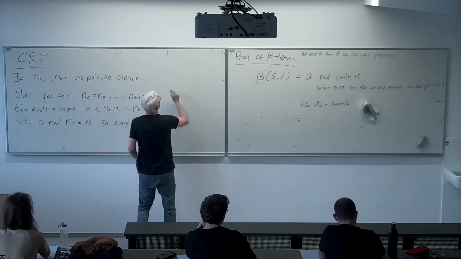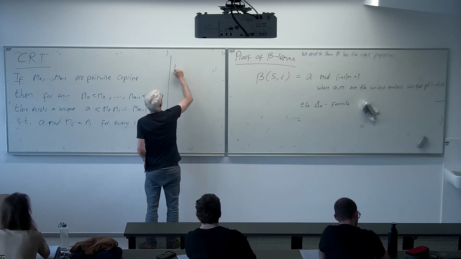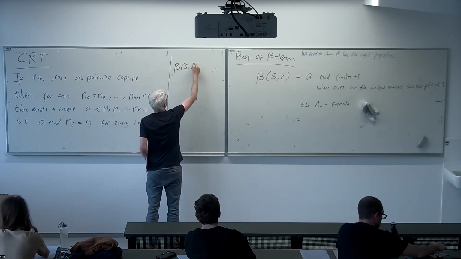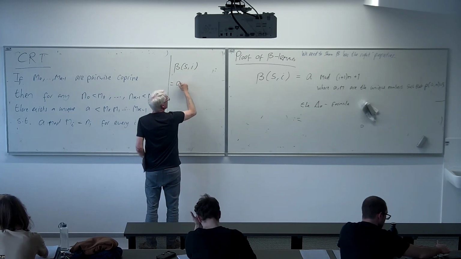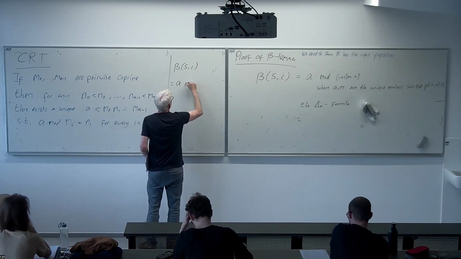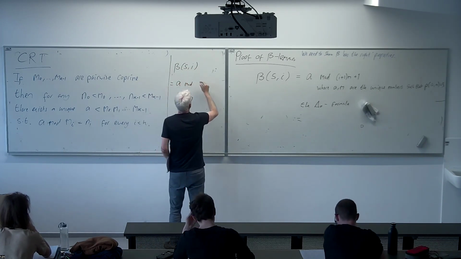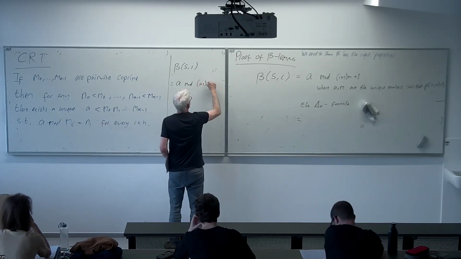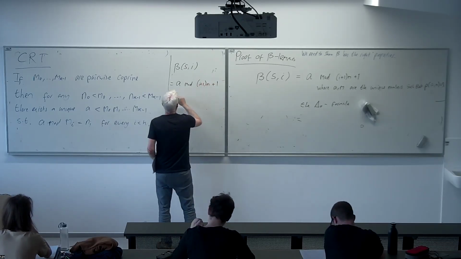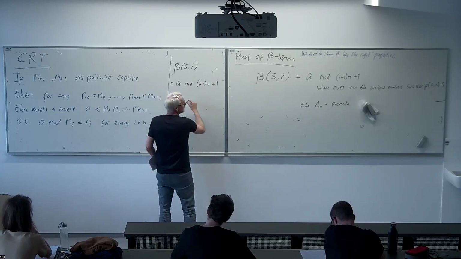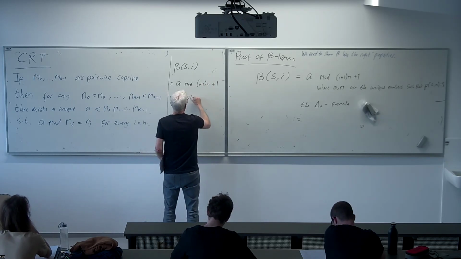We've got beta(a, m, i) is a mod (i plus 1) times m plus 1, where a mod m equals s.